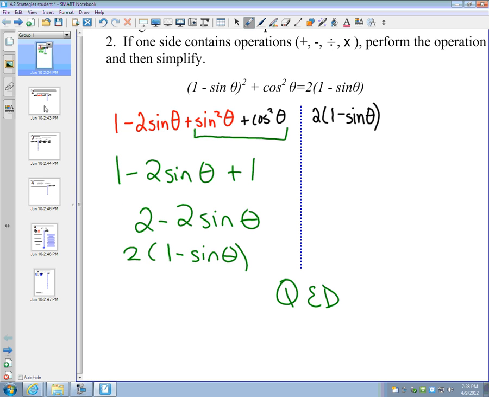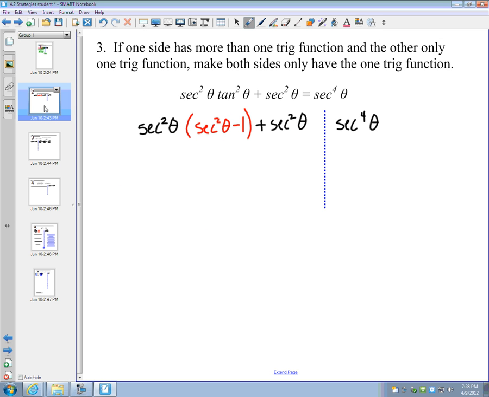Okay. Another strategy is if one side has more than one trig function and the other only has one, make both sides only have one. So you can see here my left side only has secants, but my right side has secants and tans. So what I did is I looked at my formula sheet and I said, well, what can tan squared simplify to? And more specifically, what can it simplify to in terms of secant?